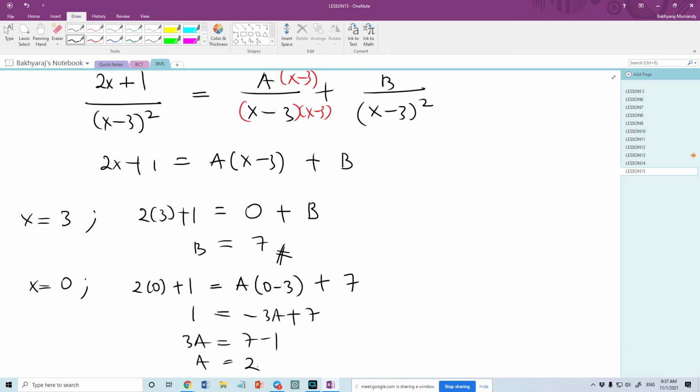Okay, once you get the values of a and b, come, go for the integration.